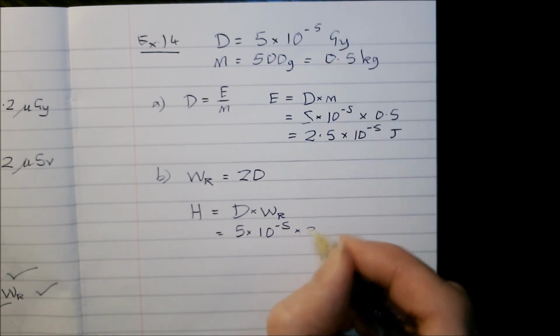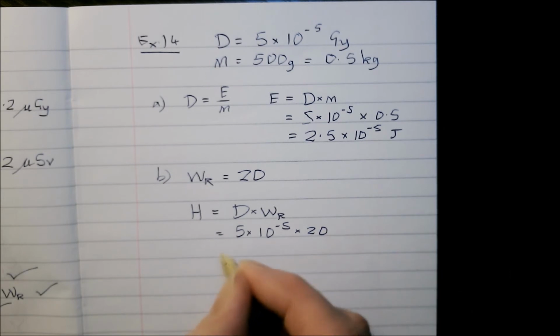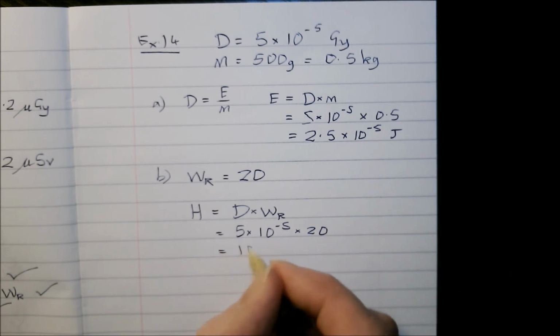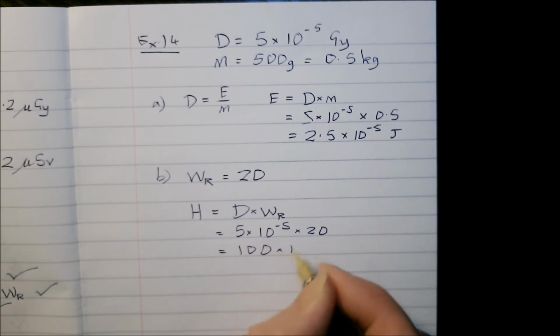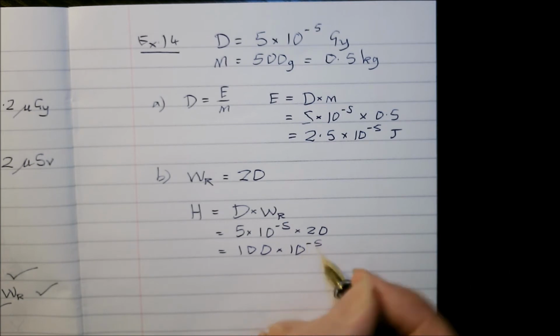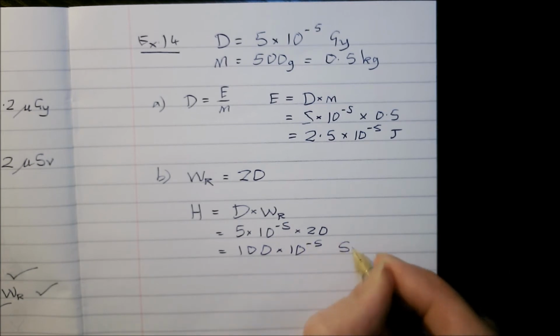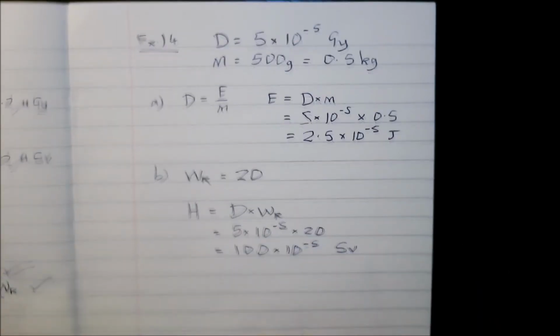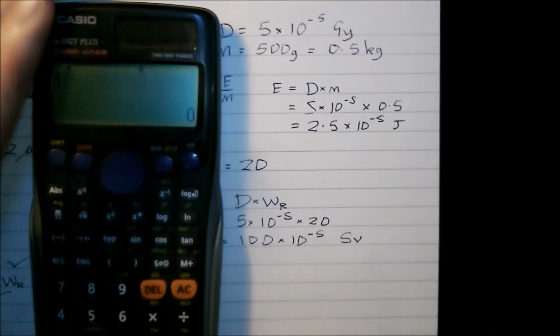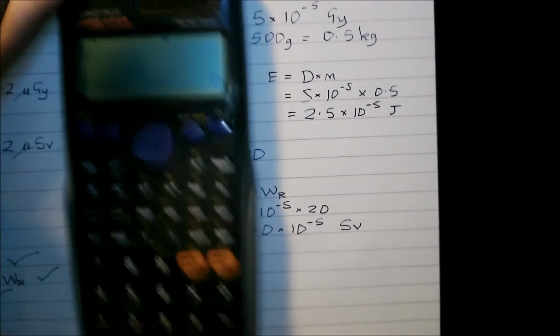You multiply that by 20, which will give you 100 times 10 to the power of minus 5 sieverts. Now you could rewrite that as 1 times 10 to the minus 3 sievert.